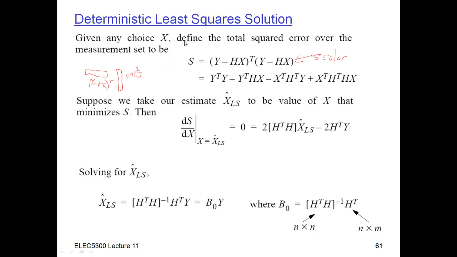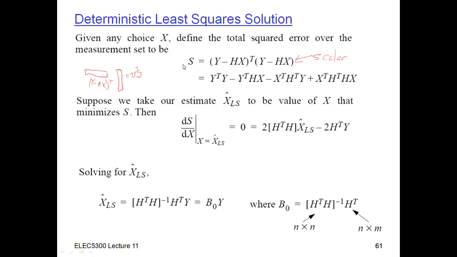I want this S, which is the total squared error in each measurement, to be as small as possible. So one way you can try to do this is to take this S and differentiate it with respect to x.